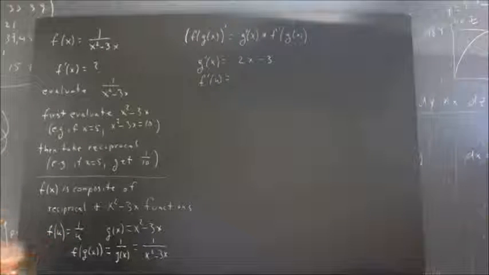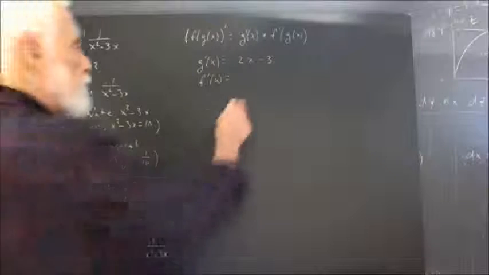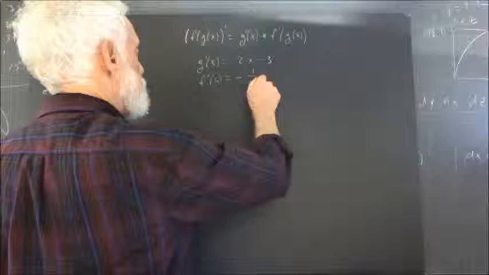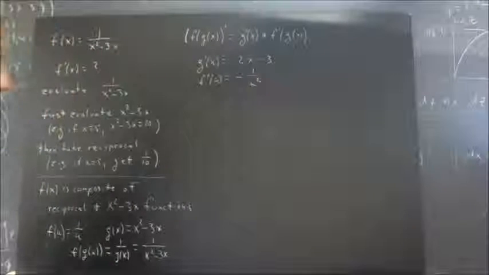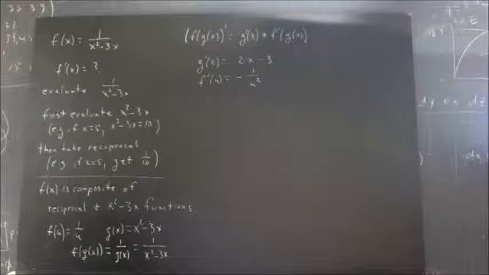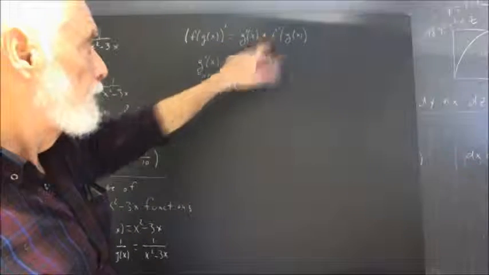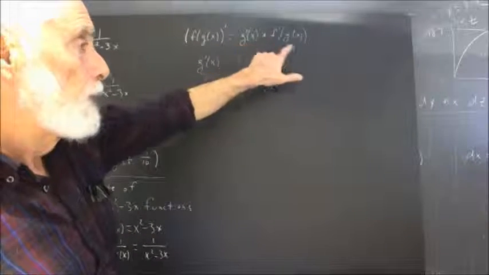When you take the derivative, you get negative 1 u to the negative 2, which is negative 1 over u squared. So f prime of u is negative 1 over u squared. Now, we have g prime of x. What's f prime of g of x?